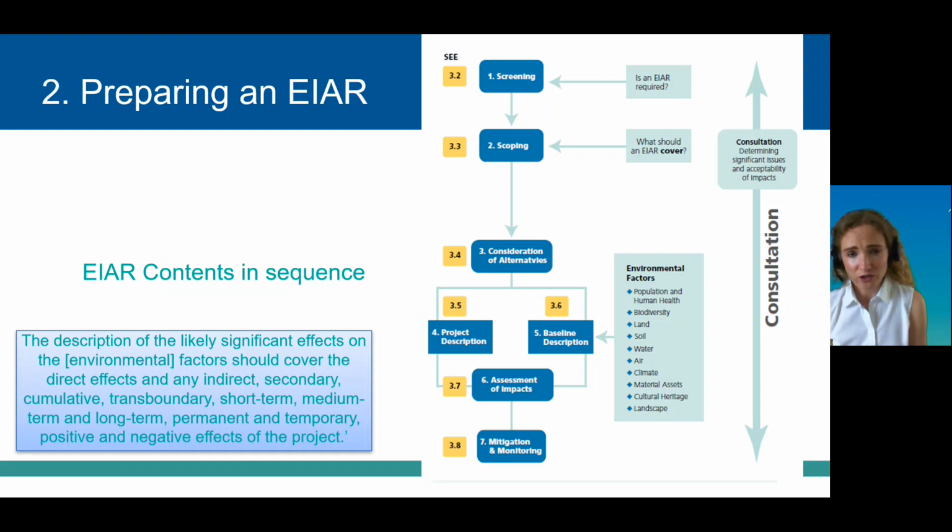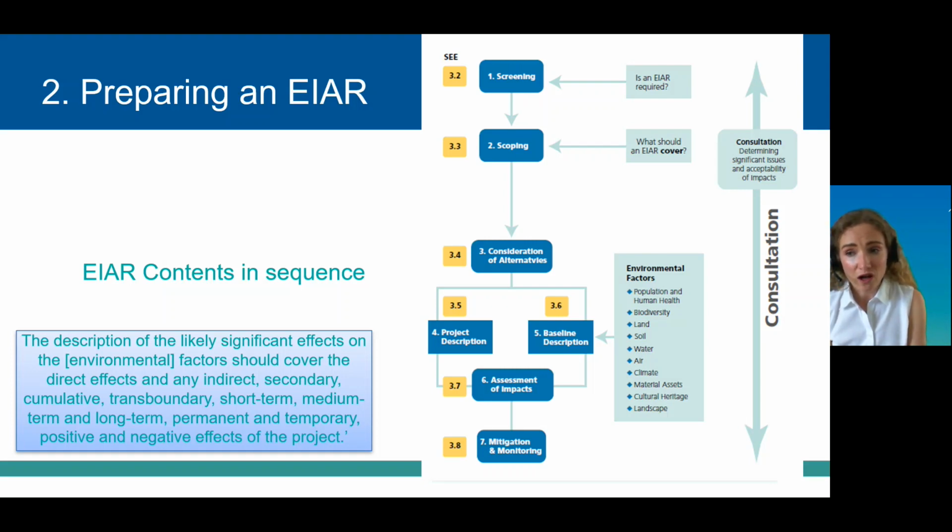Then moving on to the project description, the developer is required there to provide a description of the whole proposed project, comprising information on the site, design, size, and other relevant features of the project within the EIAR. The range of information and the level of detail required here should be sufficient to fulfill the needs of the consent procedure that the EIAR is submitted for.